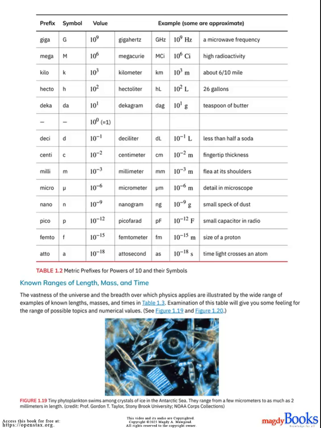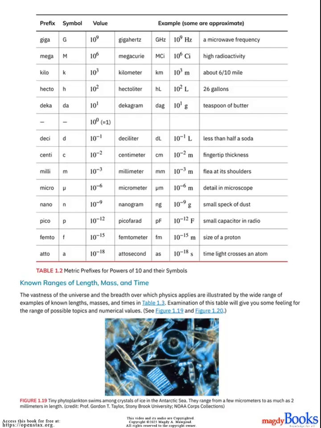Example: centimeter, cm, 10 to the power of -2 meter. Fingertip thickness. Prefix: milli. Symbol: m. Value: 10 to the power of -3. Example: millimeter, mm, 10 to the power of -3 meter.